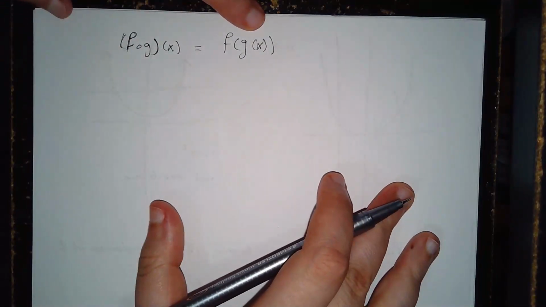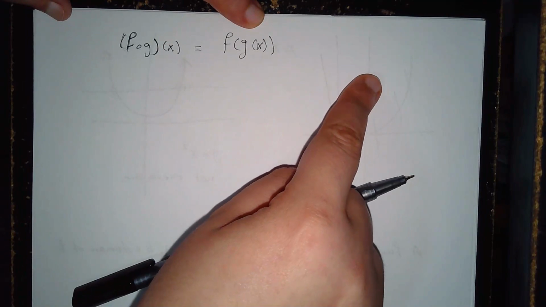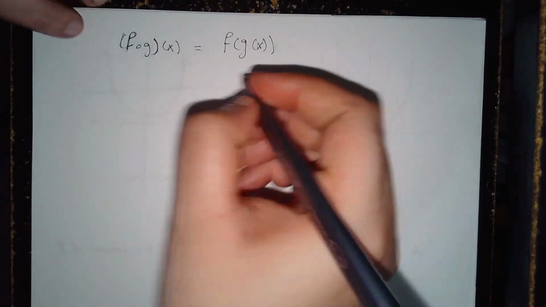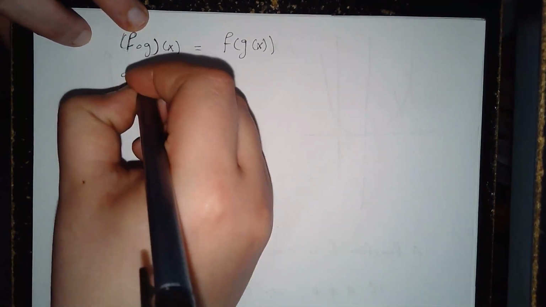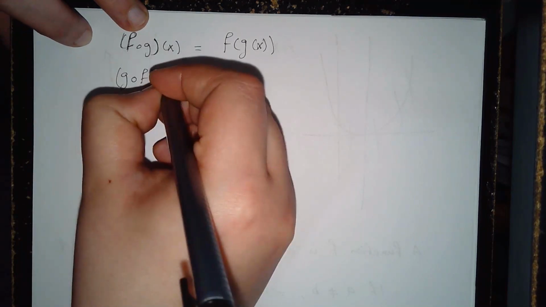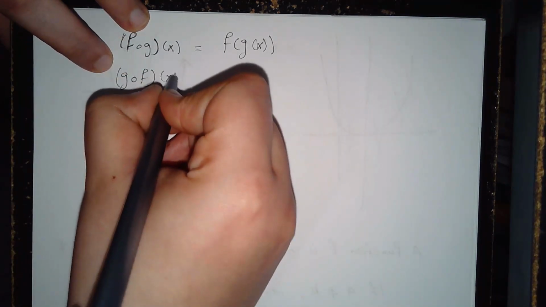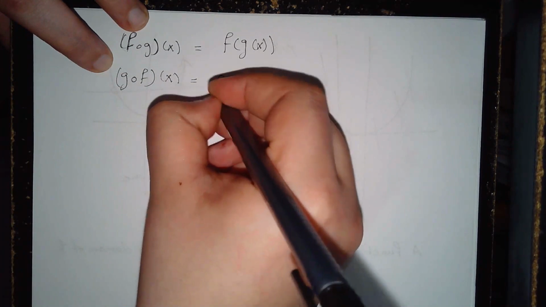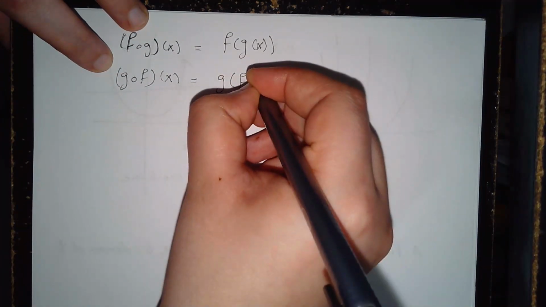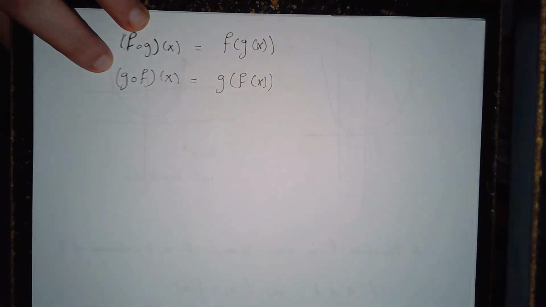That's what that means. So you grab one function, you put it into the other one, and then you find the answer, right? And it would be very similar if I switch them. So if it's composite between g and f of x, then this would be g on the outside, f on the inside of x, right?